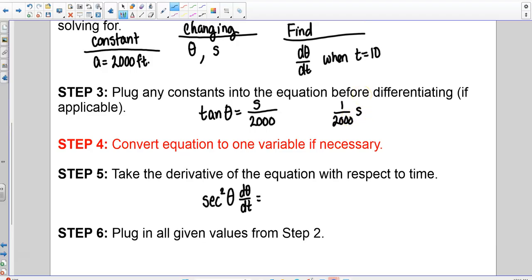So when I take the derivative of 1 over 2,000 times S, I just get 1 over 2,000. But what do I need with that? ds dt.